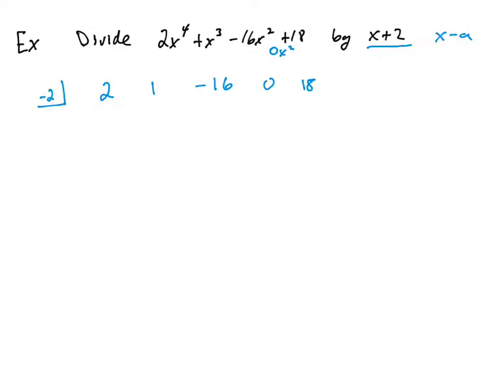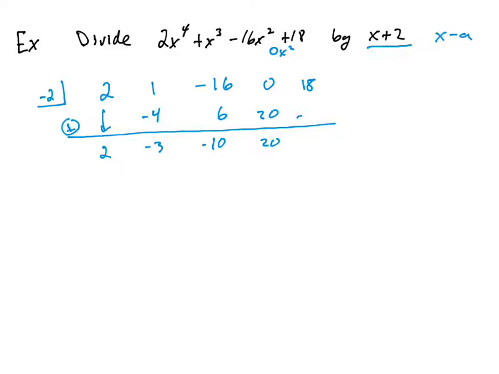Okay, and then we're just going to proceed like before. We always bring down the first coefficient, 2, and then we multiply and add. So 2 times negative 2 is negative 4, add that to 1 is negative 3. Negative 3 times negative 2 is 6, add that to negative 16, negative 10. Negative 10 times negative 2 is 20, plus 0 is 20. Then 20 times negative 2, negative 40, and we're left with negative 22.